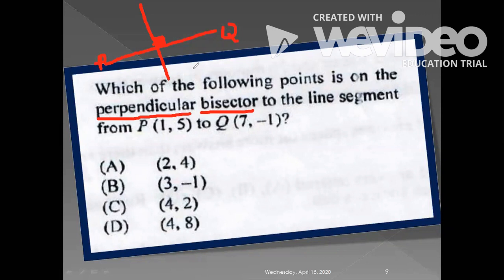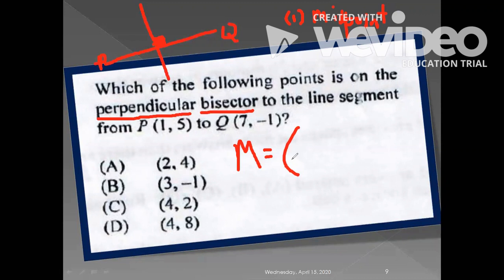All right. Now, what we need to do is, hope you guys are writing this down. Number one, we need to find the midpoint of the line segment PQ. The midpoint formula is capital M. Anybody remember what the midpoint formula is?